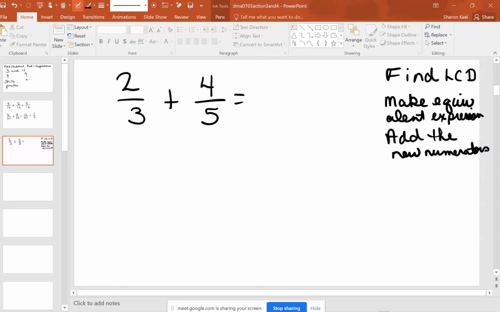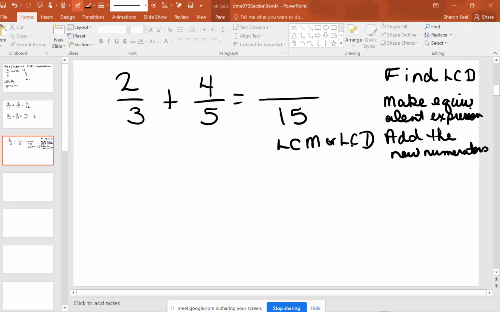So before we get into what we're doing today, I wanted to share with you this in the form of basic fractions. With the denominators of 3 and 5, if we multiply 3 times 5, that gives us 15. That would be our least common multiple, or we might call it our least common denominator.